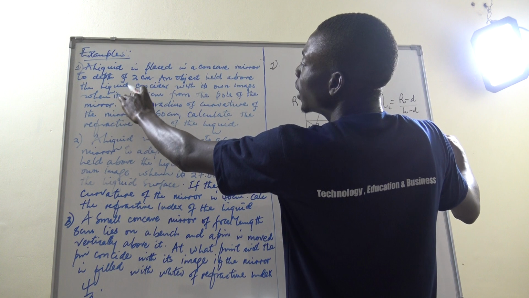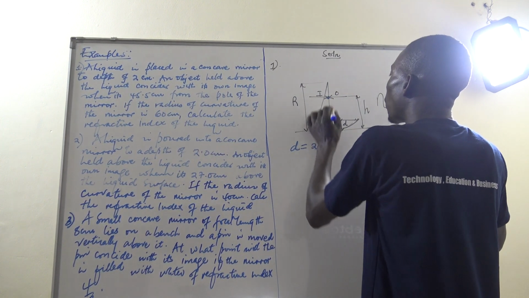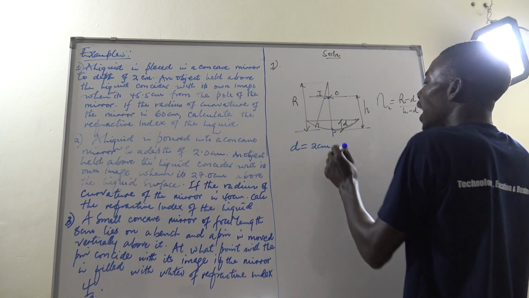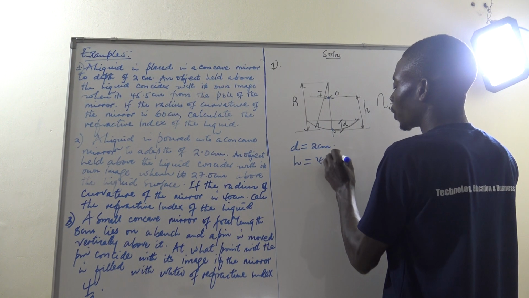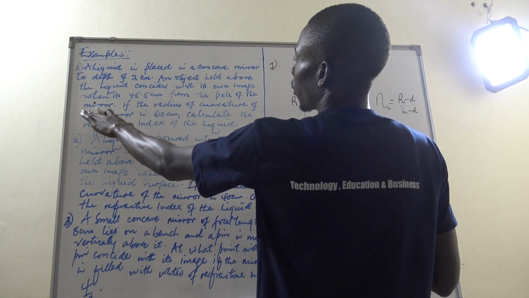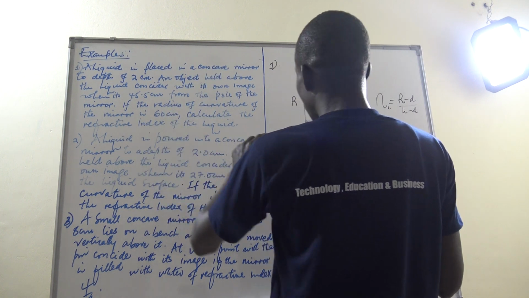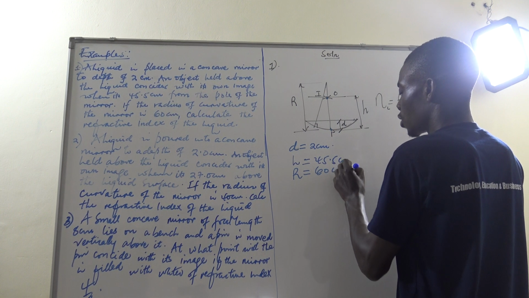It is 45.5 centimeters from the pole, measured from the pole up to the point of coincidence, and that is our H. If the radius of curvature of the mirror is 60, that means my R is 60 centimeters.